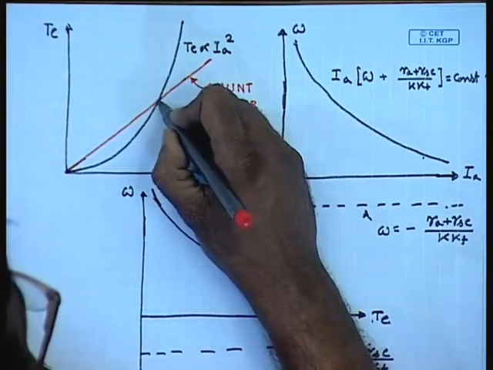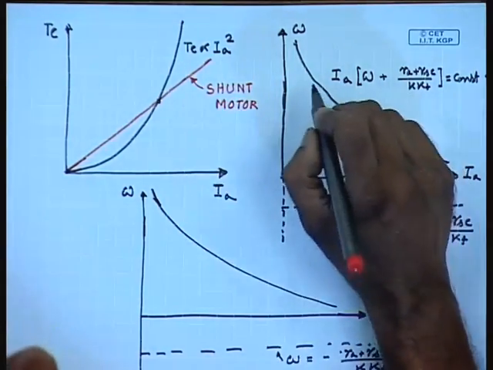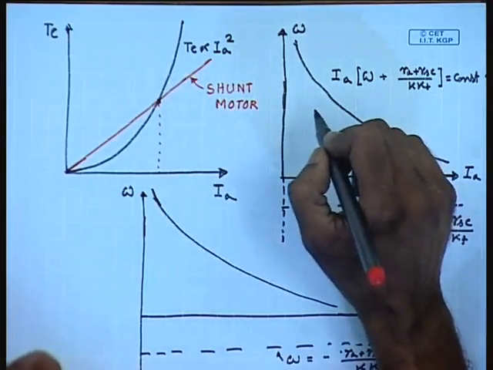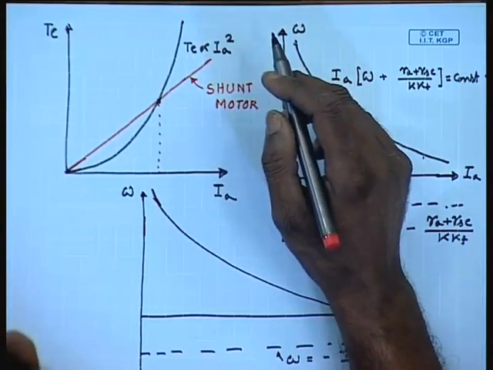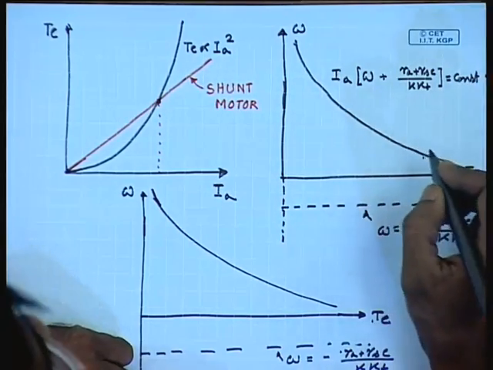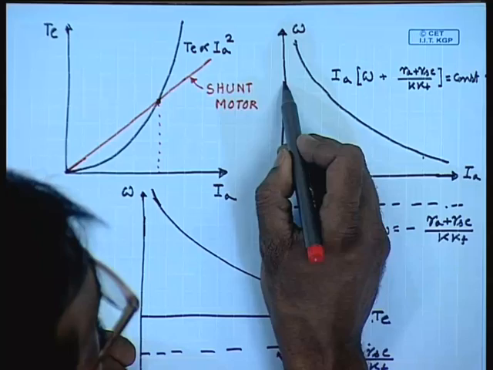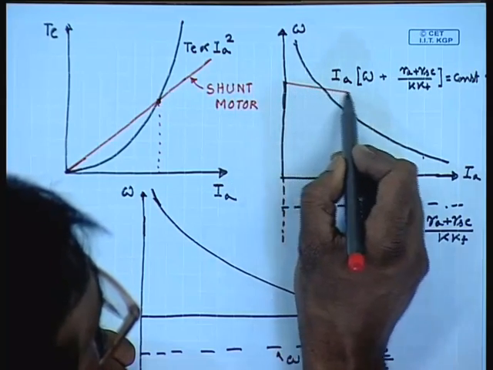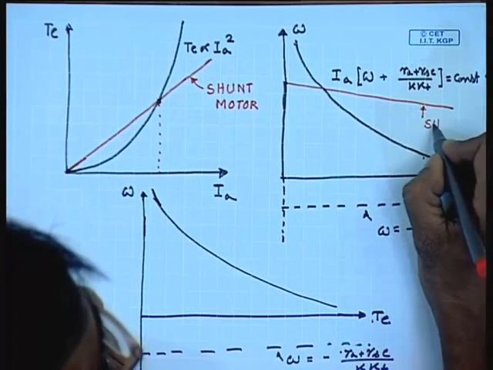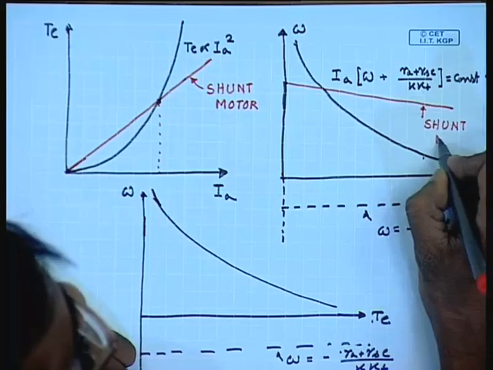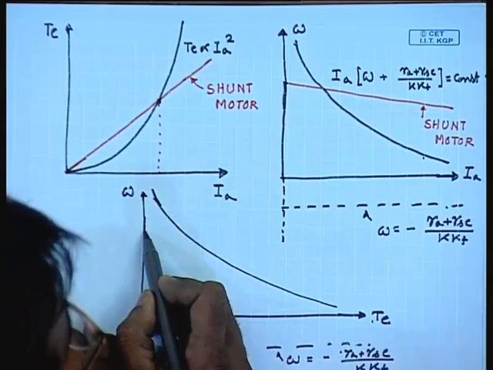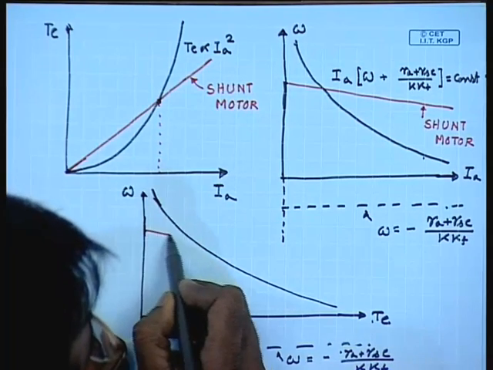Up to this current, the shunt motor generates more torque than the series motor, but beyond that, the series motor can generate a much larger torque. For the shunt motor, this characteristics is a straight line. Also, for a shunt motor, the torque speed characteristics is a straight line.